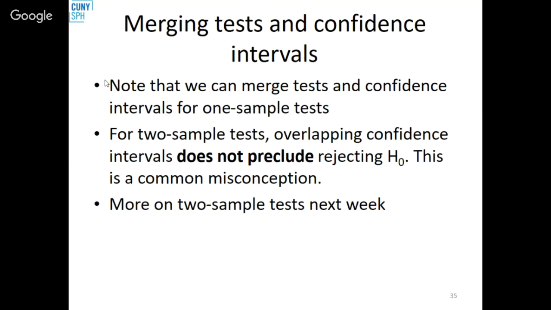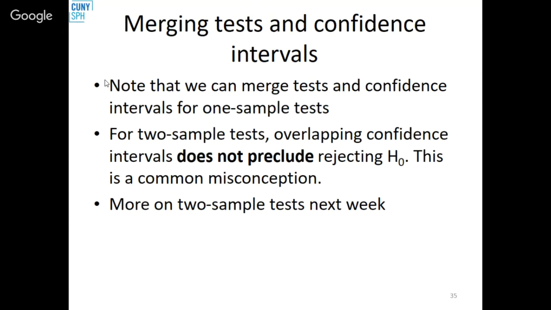This is a misconception sometimes, that for two-sample tests you just calculate a 95% confidence interval for each of them and look at whether those two confidence intervals overlap. That's incorrect. You can have cases where the difference in the two means would lead you to reject the null hypothesis, but those confidence intervals still overlap.